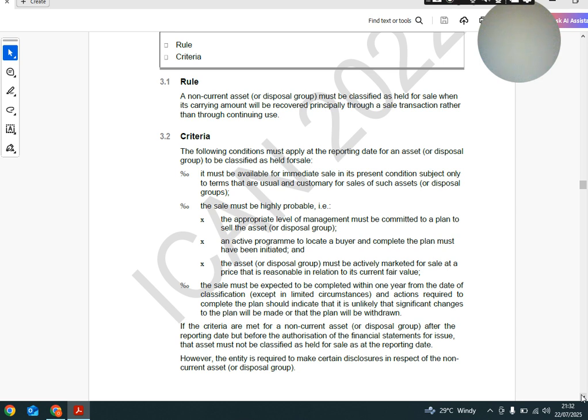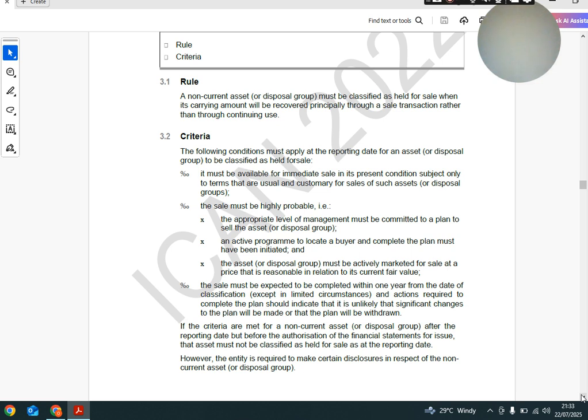The first condition out of the two is that the asset must be available for immediate sale in its present condition.